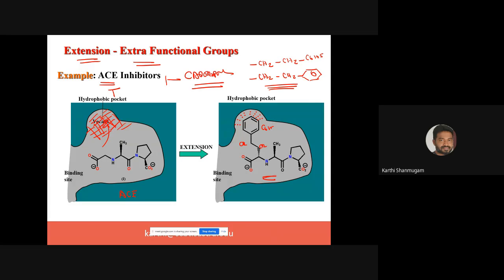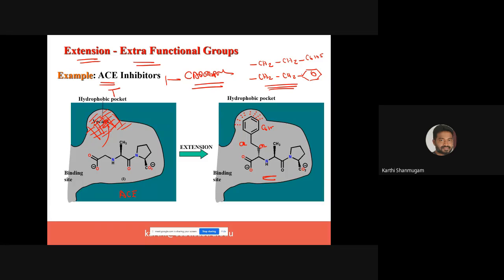I hope my voice is audible for you. Can we say this is a phenyl derivative, yes, sir, or an alkyl derivative, or an ethyl derivative? Anyway, we can give many names for this functional group, right?